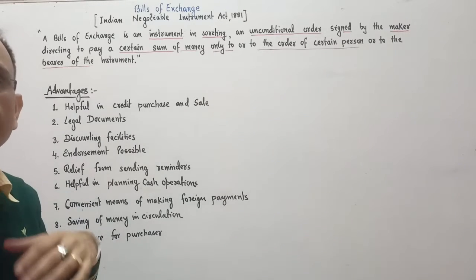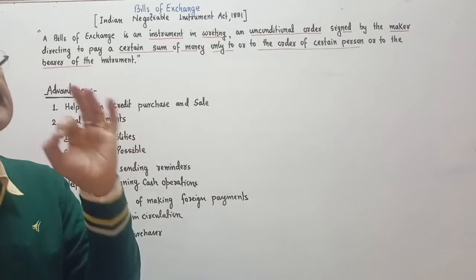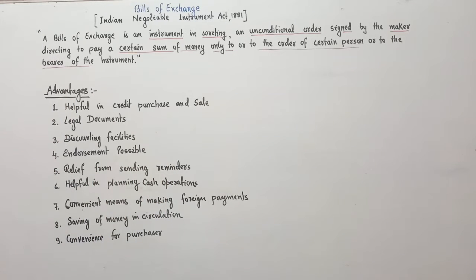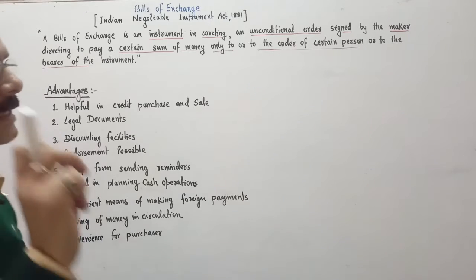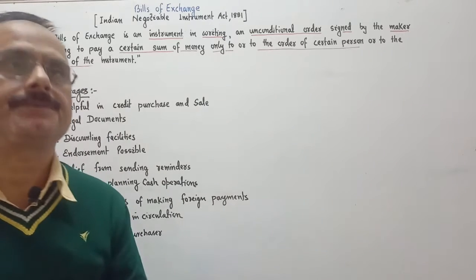Next is a convenient means of making foreign trade. It's a very convenient means of making foreign trade. It avoids the trouble and risk of transmitting currency from one country to another country.